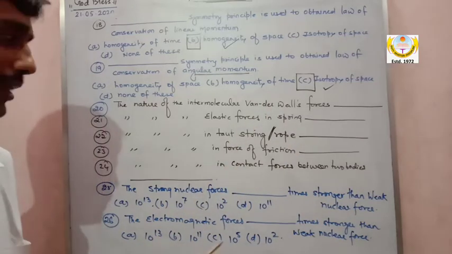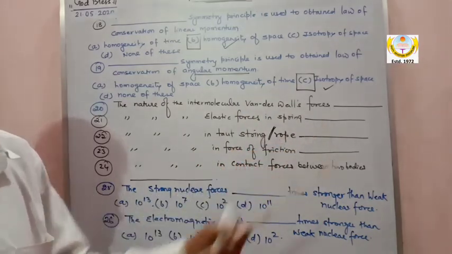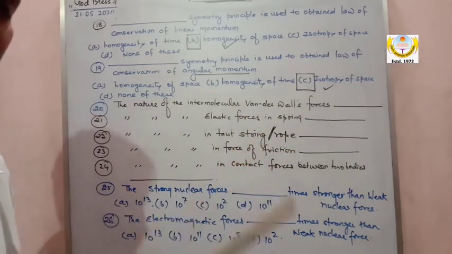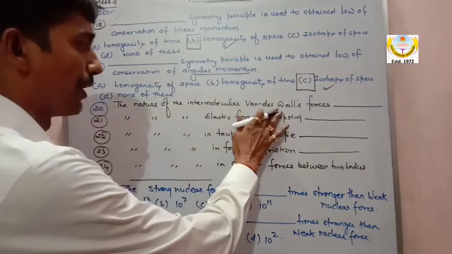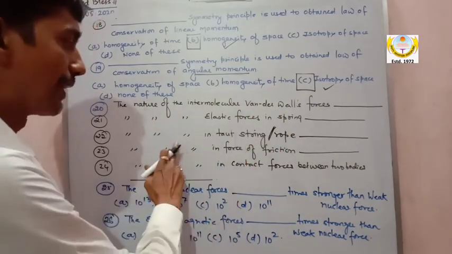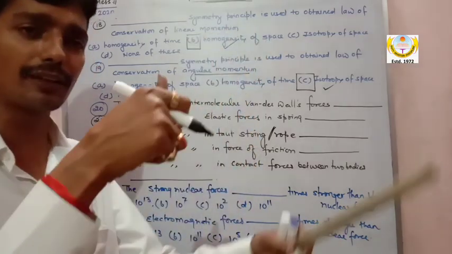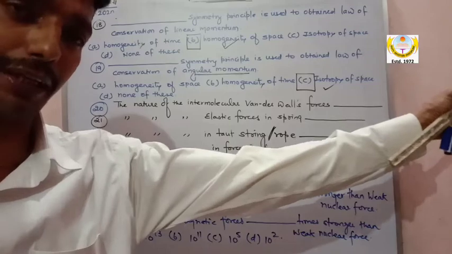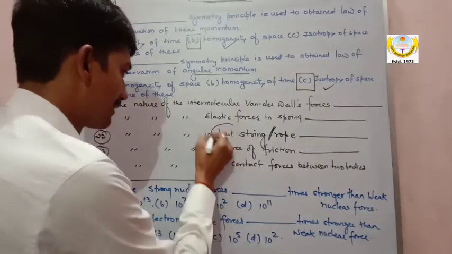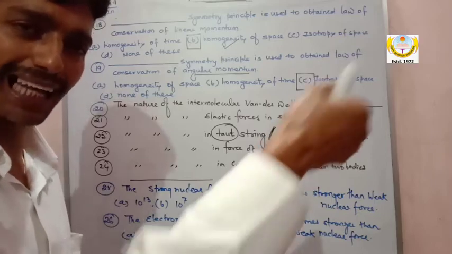And what is the question? The nature of intermolecular van der Waals forces. What is the nature of van der Waals forces? The nature of elastic force in spring, the nature of force in taut string. Taut means tight, stretched.